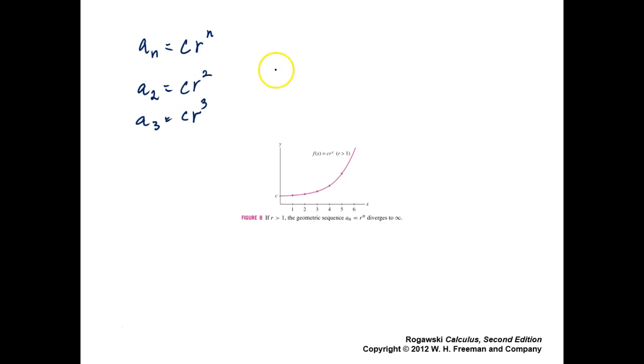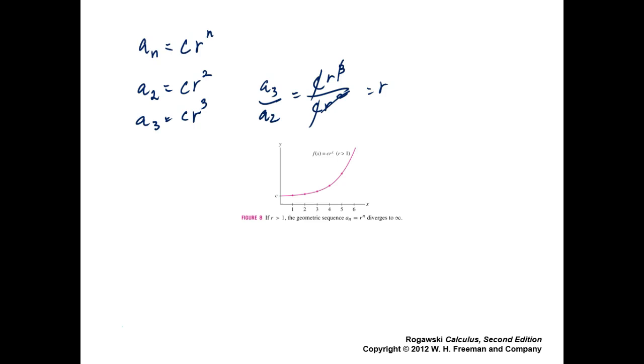Now, what is the ratio of A3 to A2? That would be C R cubed divided by C R squared. The C's go out. And what happens here? These two cancel two of those out, leaving you just R. That's what makes a geometric sequence a geometric sequence.